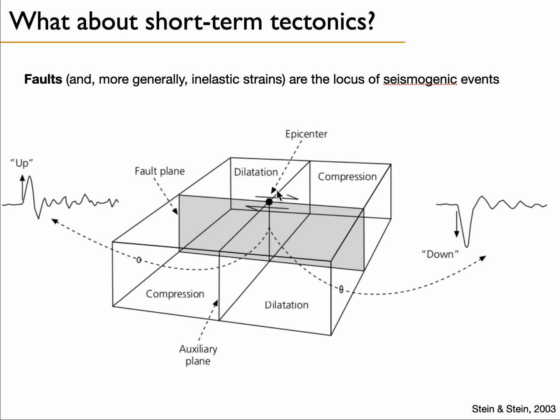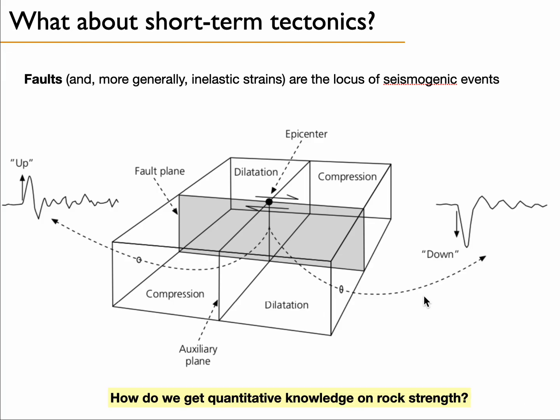The waves emitted from the compressional quadrant will have a specific displacement in the seismogram, while those emitted by the dilation quadrant will have basically the opposite polarity. So how do we get quantitative knowledge on rock strength?